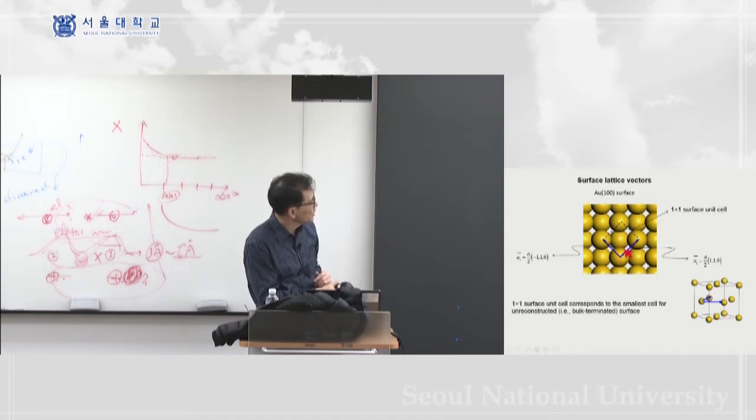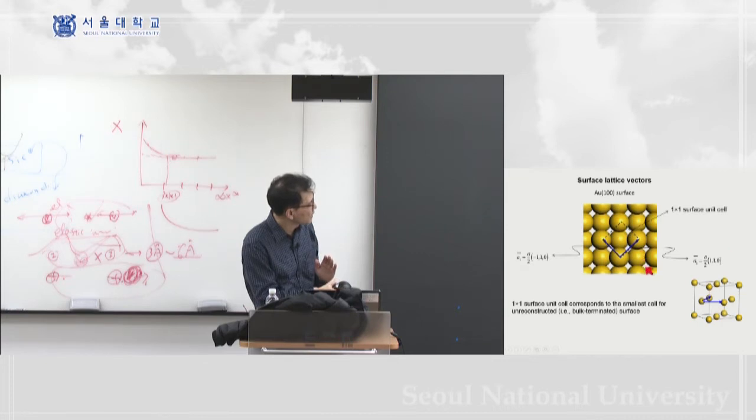This blue one is the periodicity that results from simply cutting the bulk structure. In this case, we usually name it the 1x1 surface unit cell. So before any kind of relaxation, just by cutting the bulk, you can make the basic 1x1 surface unit cell.